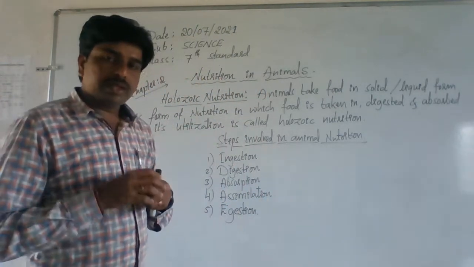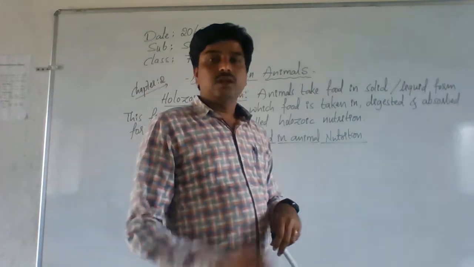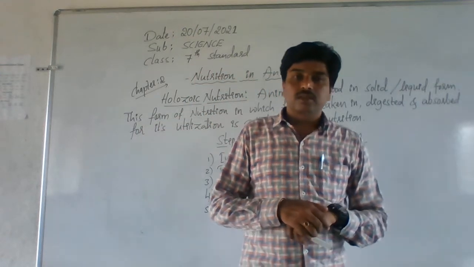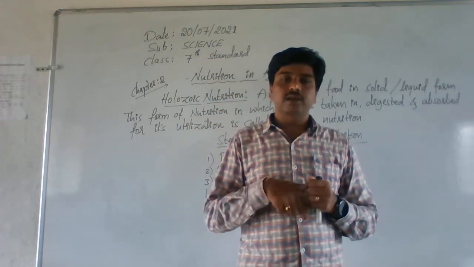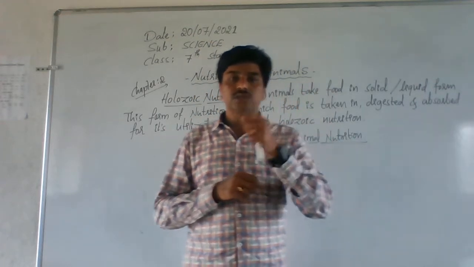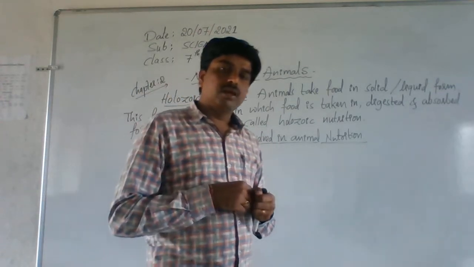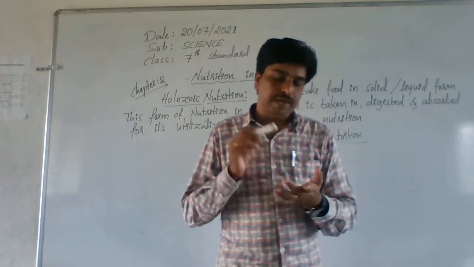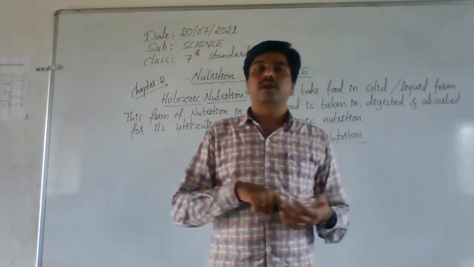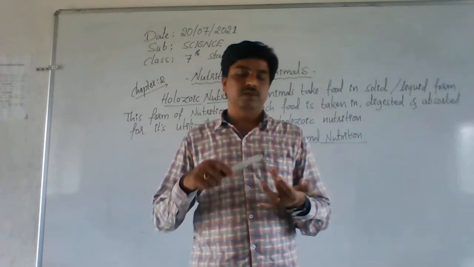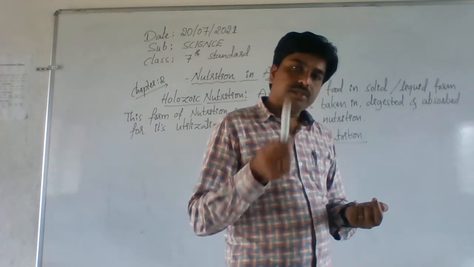Here I am coming with the second chapter, nutrition in animals. Already you have learned how nutrition takes place in plants, and in this chapter you will learn how nutrition takes place in animals. Understand? Remember, green plants show autotrophic nutrition, and some other plants show saprophytic, parasitic, insectivorous, and symbiotic nutrition.